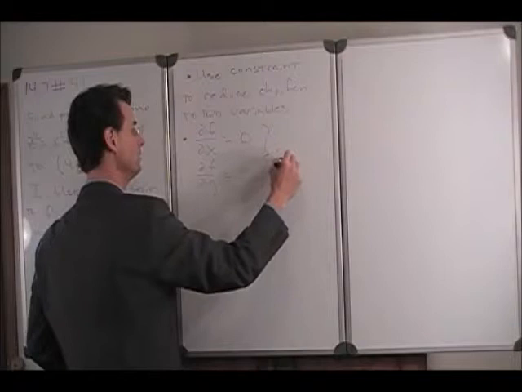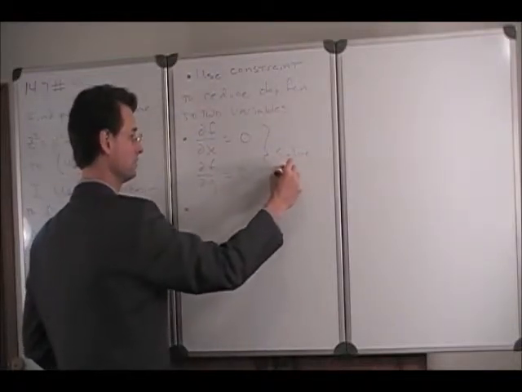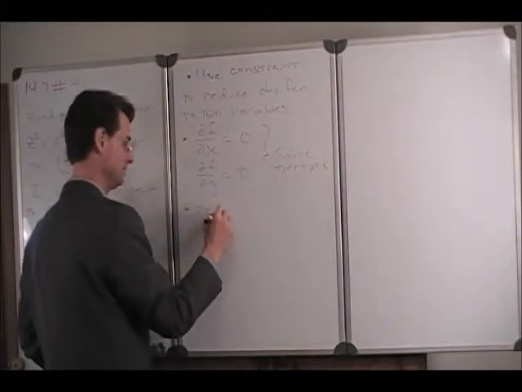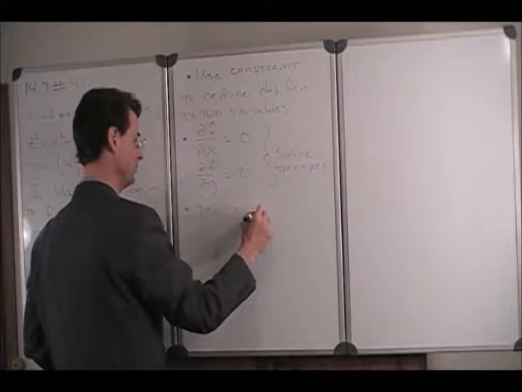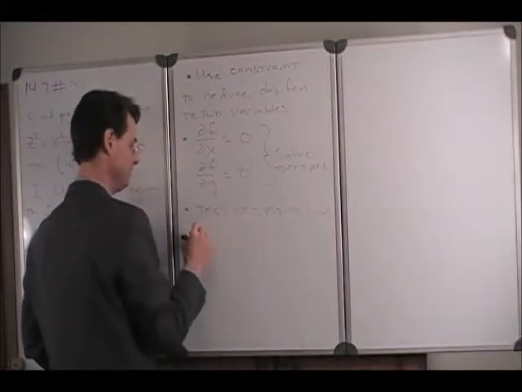We solve, and this gives us critical points. Now we simply need to test the critical points one by one to find the minimum.